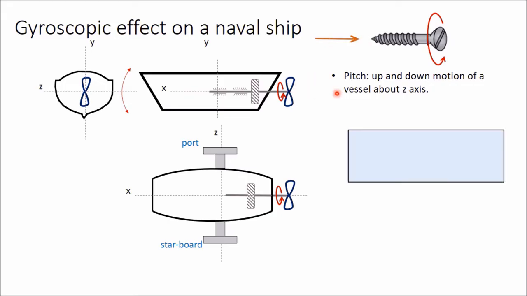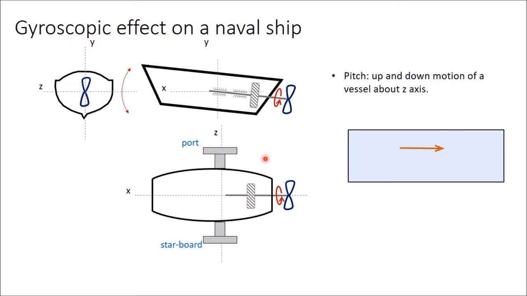I have drawn this vector in a vertical plane. This axis is moving about the z axis in a vertical plane, so I have drawn one vertical plane. This is your initial momentum vector. Now we are taking the condition when this bow is descending, coming in the downward direction. In that case, if you use the right hand screw rule, this will be the direction of the vector.